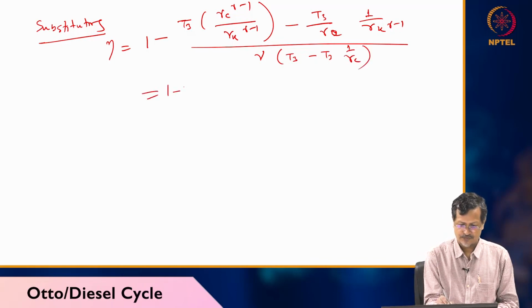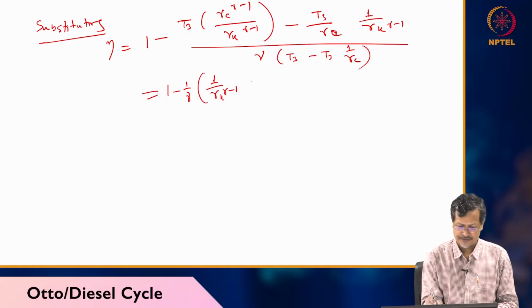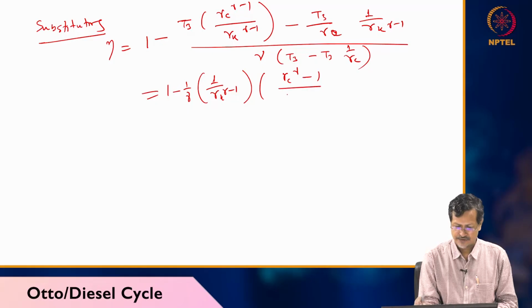This gives 1 minus 1 by gamma times 1 by RK^(gamma minus 1) times (RC^gamma minus 1) over (RC minus 1).